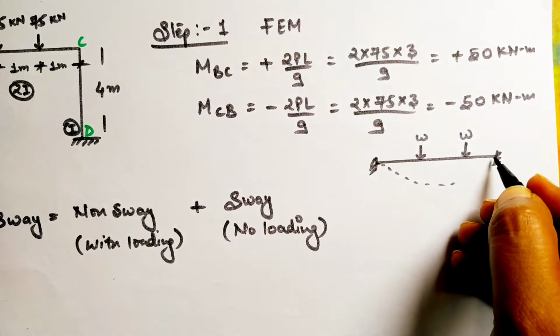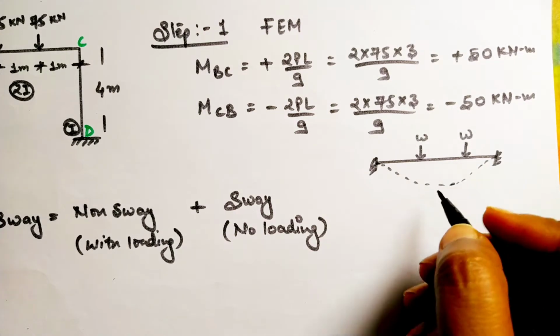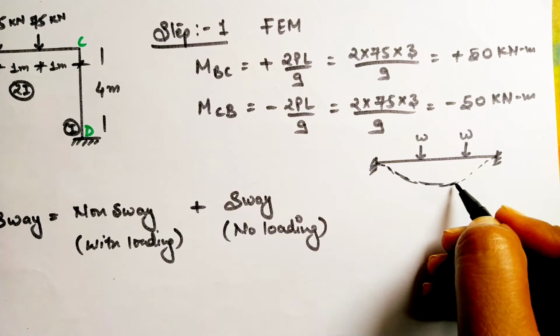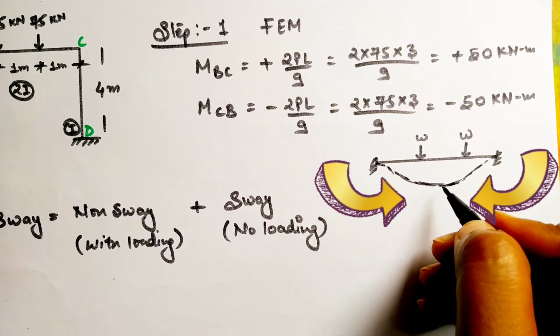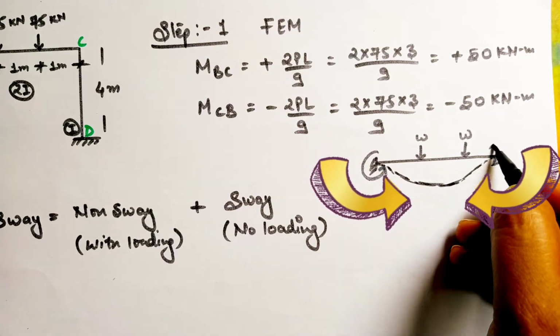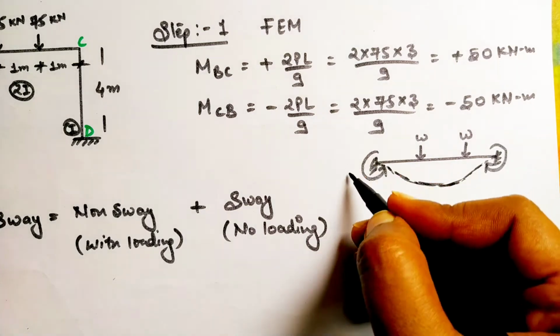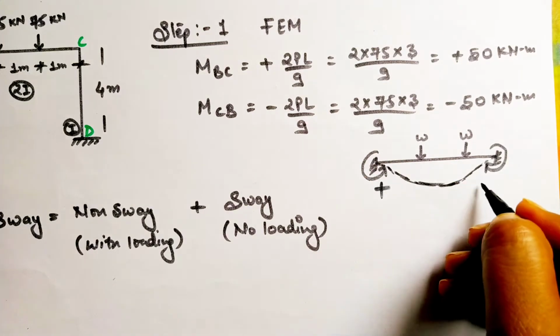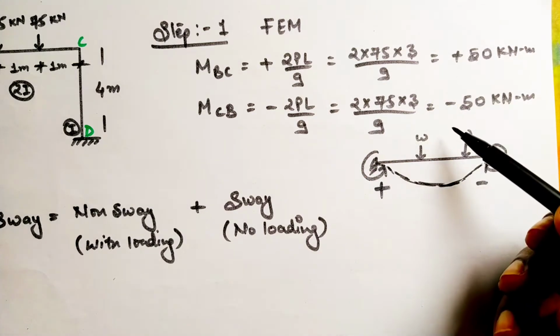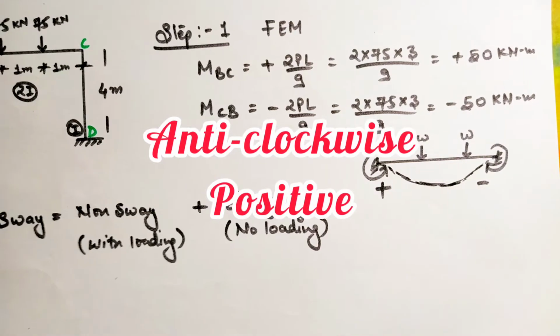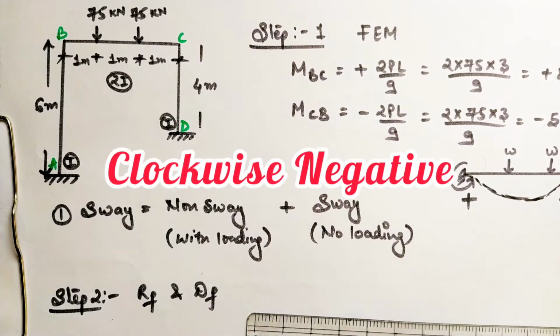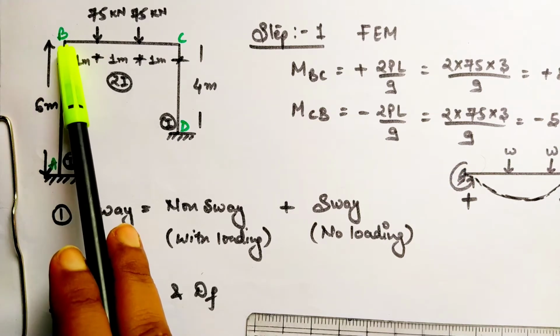So moments are generated at the supports to resist this kind of deflection. On the left side, this kind of moment will be generated, which is anticlockwise, and we are considering it as positive. On the right side, clockwise, we are considering as negative. That's why we have taken our FEM positive and negative.